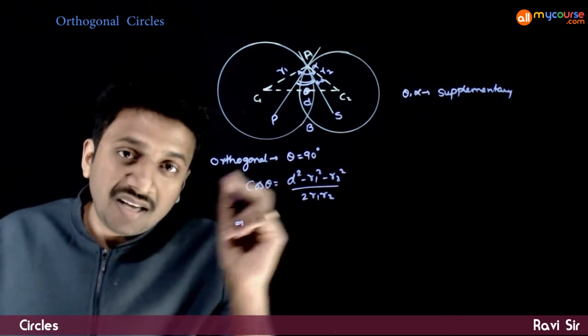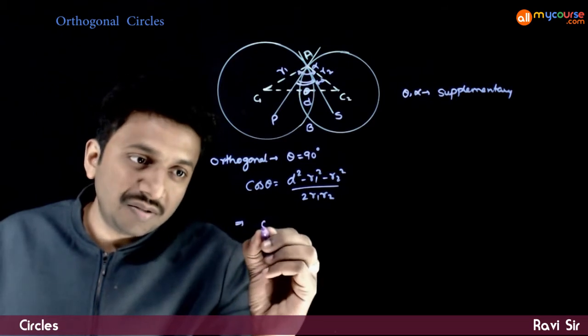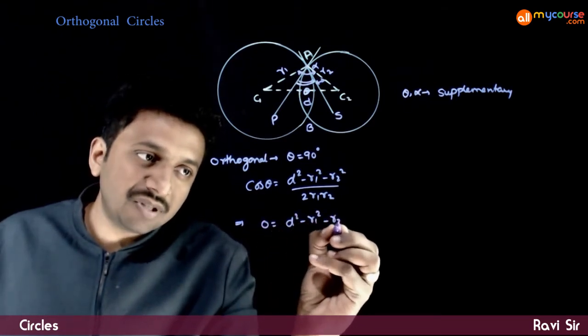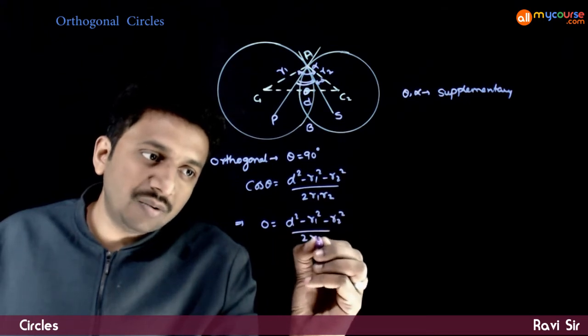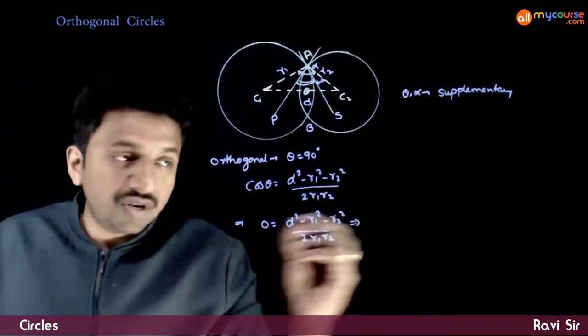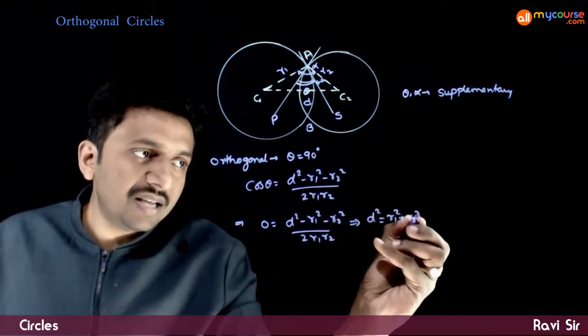So if theta is equal to 90 degrees, obviously cos theta is equal to 0. So 0 is equal to d square minus r1 square minus r2 square by 2 r1 r2. Hence the condition will be d square is equal to r1 square plus r2 square.